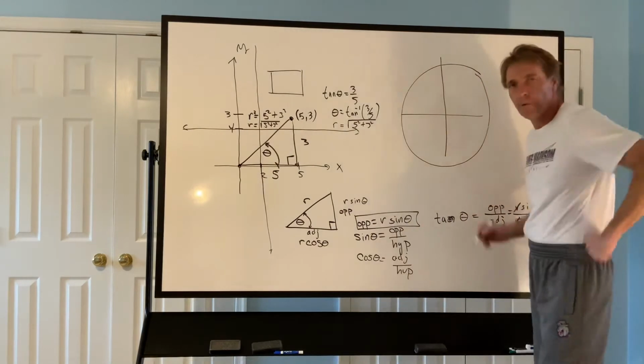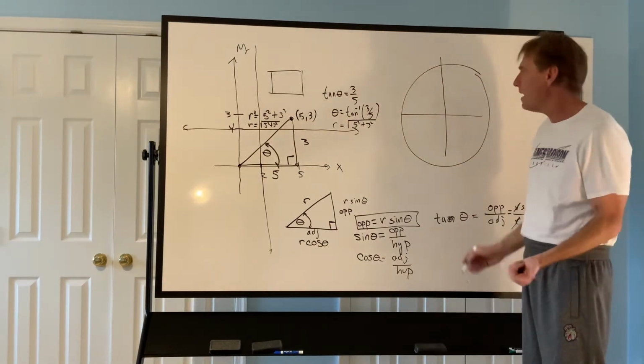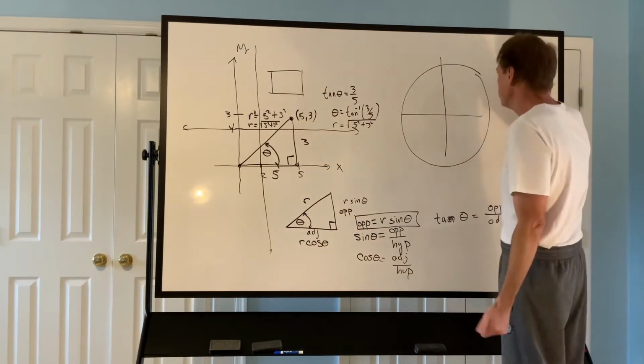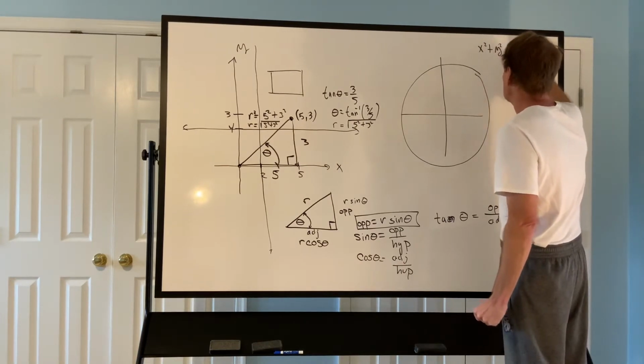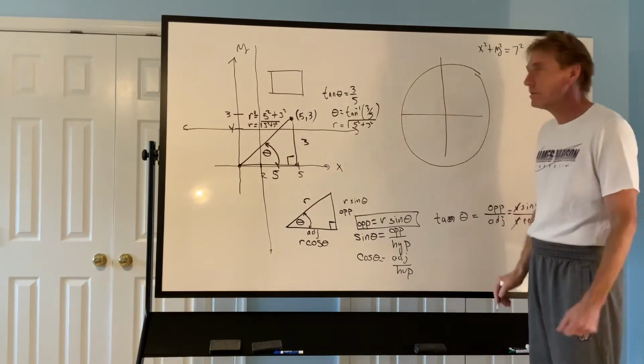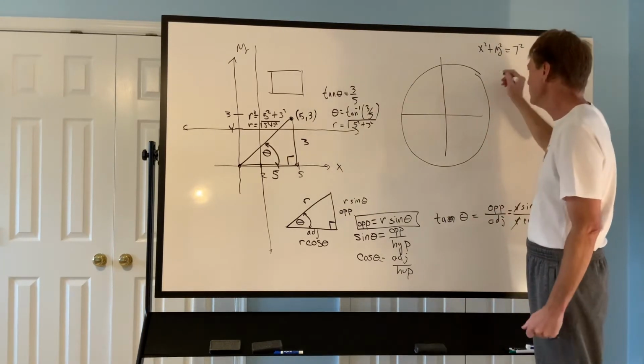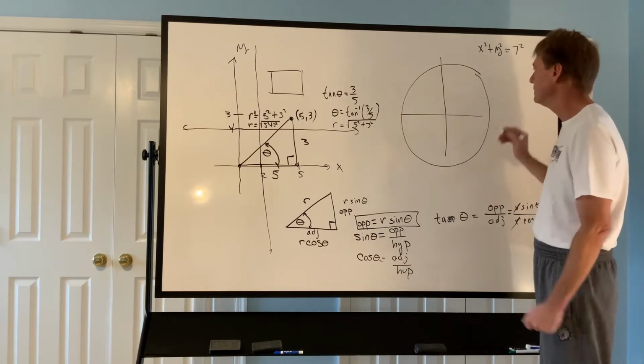Because in polar coordinates, suppose this is, remember our equation of our circle, x squared plus y squared equals 7 squared. So this would be a circle of radius 7.